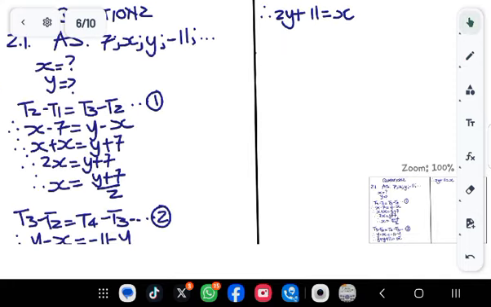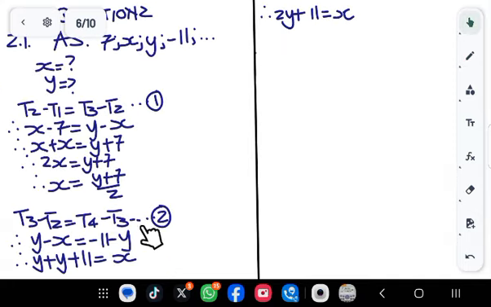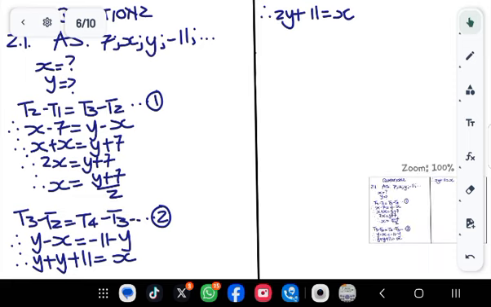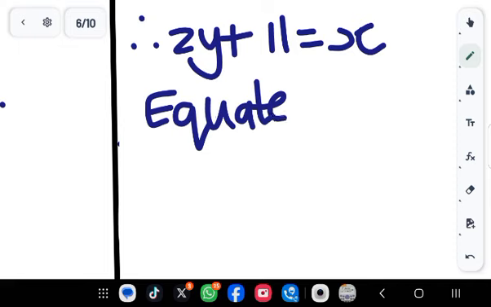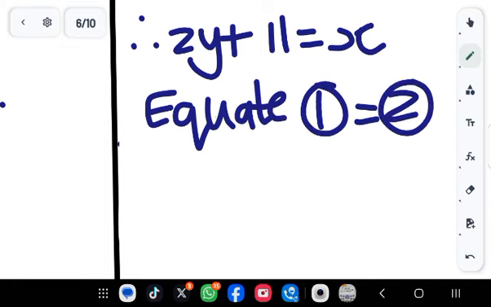And now we've got x from equation 2, and x from equation 1. Now let's equate the two. Equate 1 to 2.